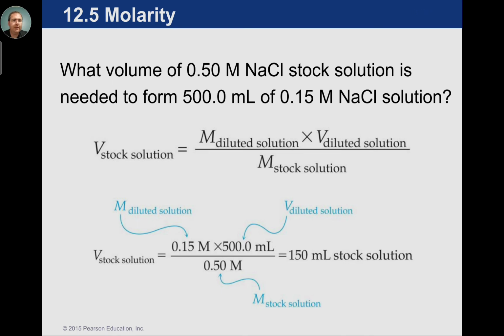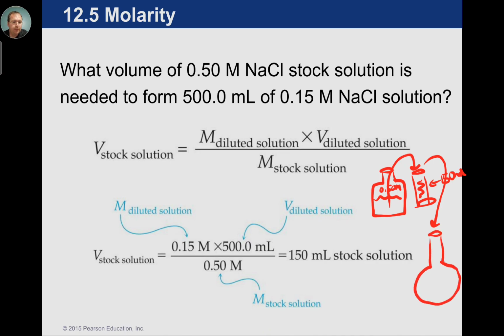So in real life, what does that mean? That means that if we have this bottle in the stockroom that says 0.50, we're going to take out in a graduated cylinder 150 mL based on this calculation. And then we're going to take that 150 mL and put it into a new flask that's much bigger. Once it goes in, it's going to be down here, 150 mL.